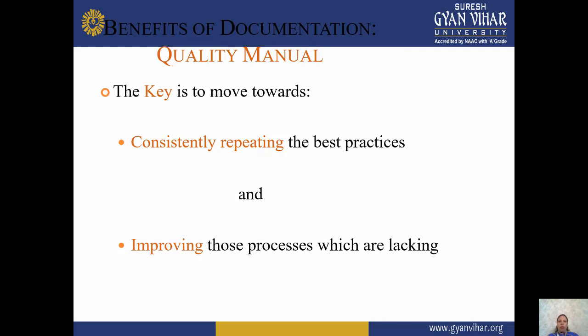Now, benefits of documentation. The quality manual is the one document which is very essential in the QMS. The key is to move towards consistently repeating the best practices and improving those processes which are lacking.